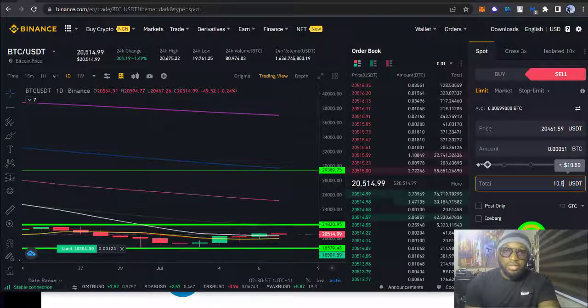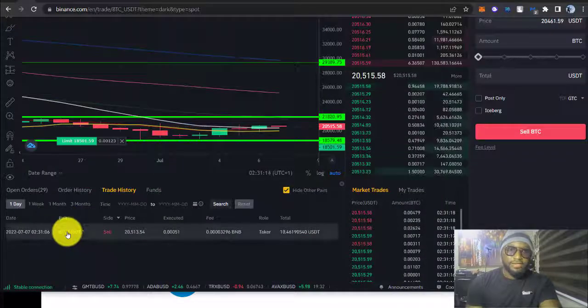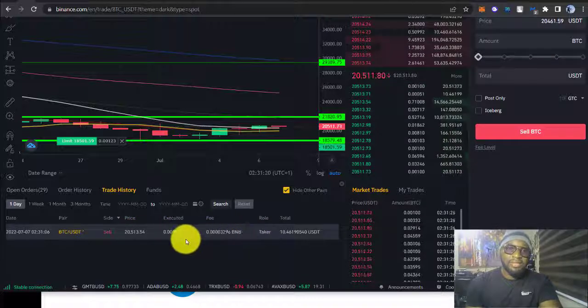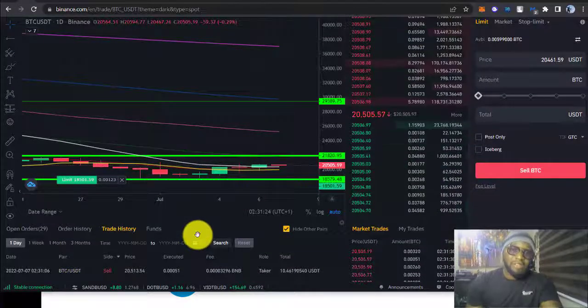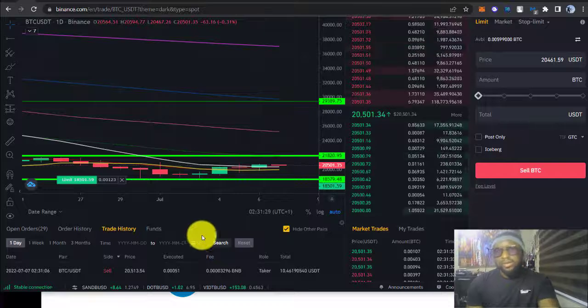So I click on sell. Look at what happened immediately. You can see it instantly executes. It is a taker, and it's executed immediately. That means I did not place my stop loss. That is not the best way to place a stop loss. I just sold my trade at a loss.